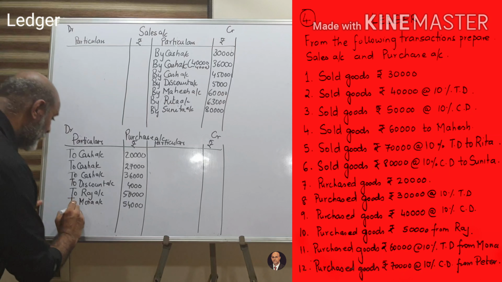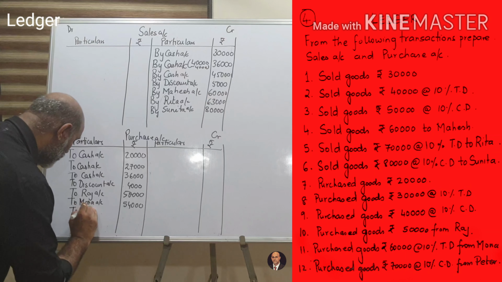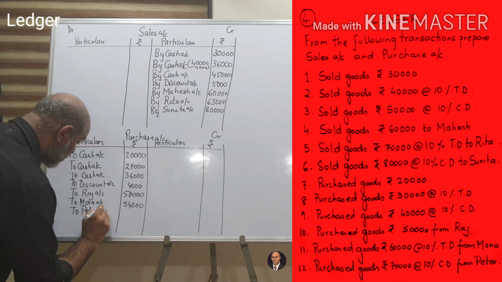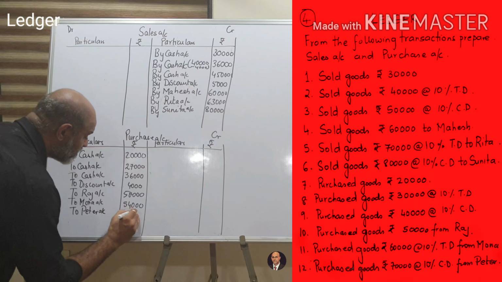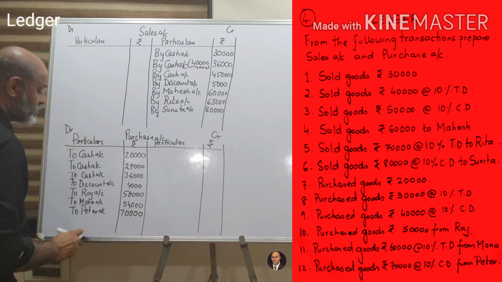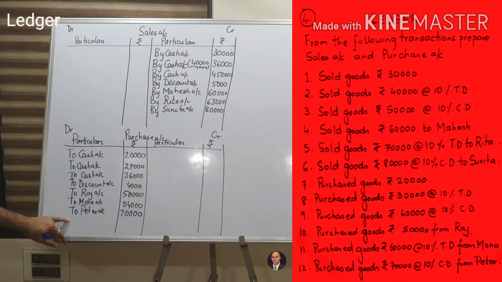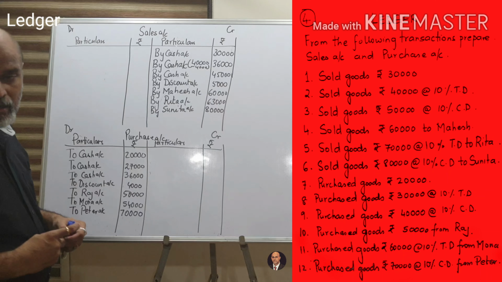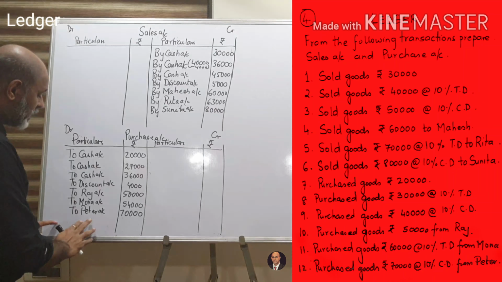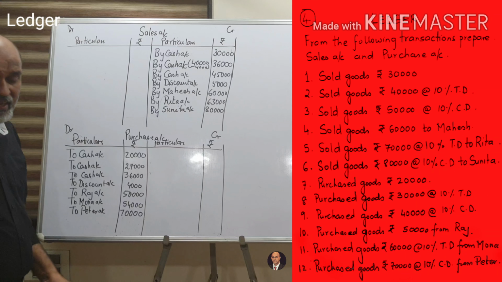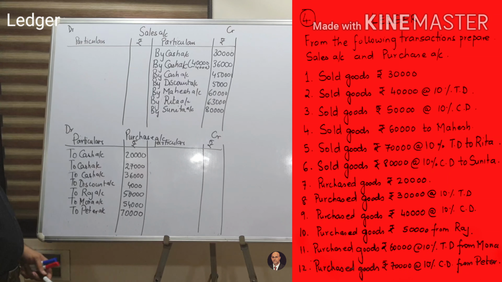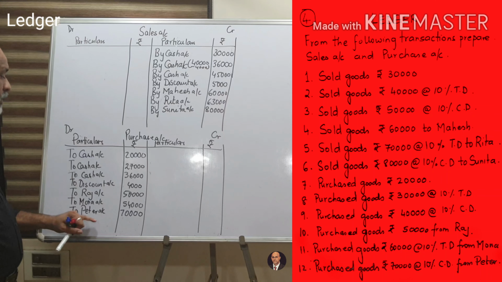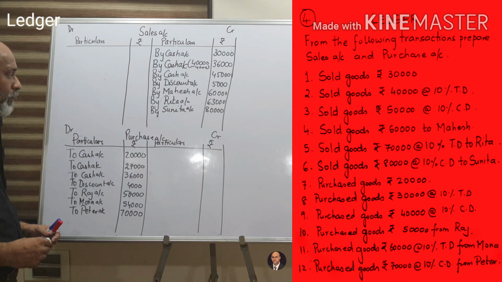So it will be to Peter 70,000. Cash discount is not applicable because it's a credit transaction. When I write to Peter, I will go to Peter's account and write down by purchase. Understood?